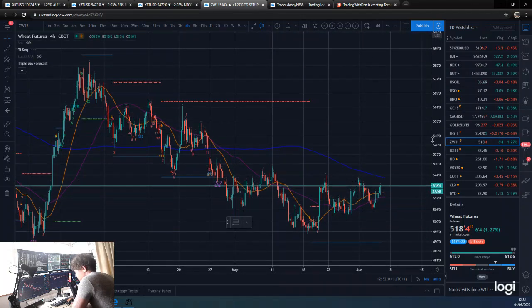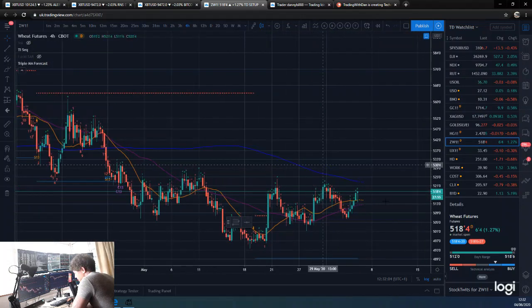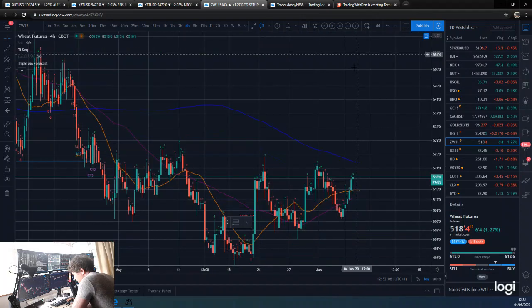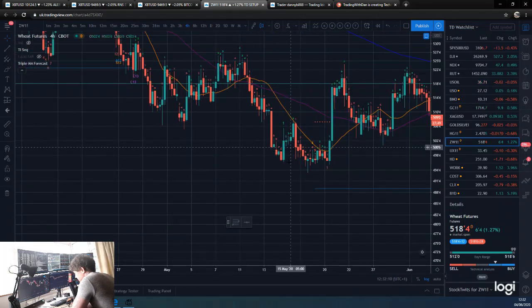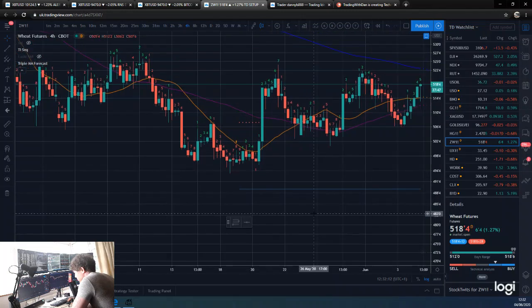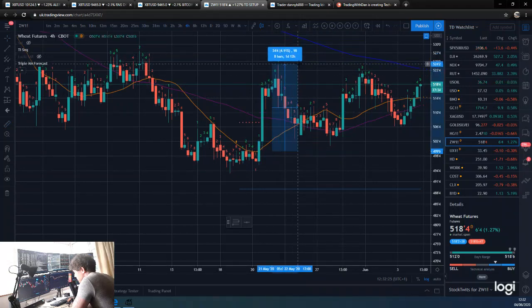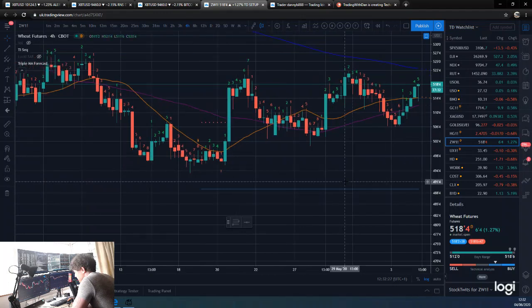Wheat futures was a great 4 hour buy yesterday that someone brought to my attention down here. Nice 4 hour buy. Basically, it was literally picture perfect. It was a case of break above this 9 here, and there you go. There you can see the move, and that's a pretty big move, I think. Breaking from here, it was basically a 5% move. So very nice trade.